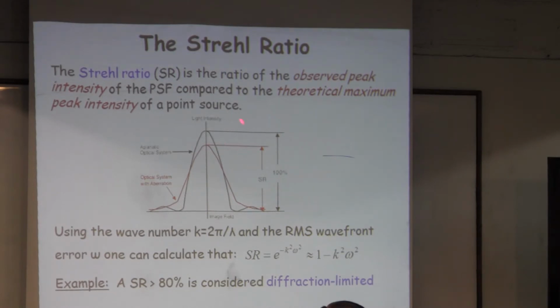A good measure of that is the Strehl ratio, because if the Strehl ratio is 100%, you know you have excellent imaging performance. And if the Strehl ratio is much less, then your sensitivity, your signal to noise, will drop, simply because the noise will still be the same in your image, but the signal will be that much less.